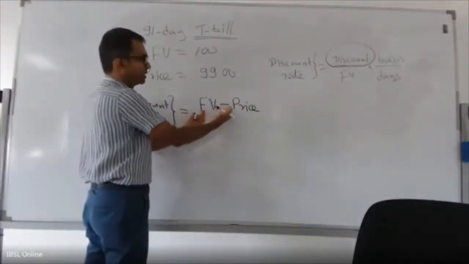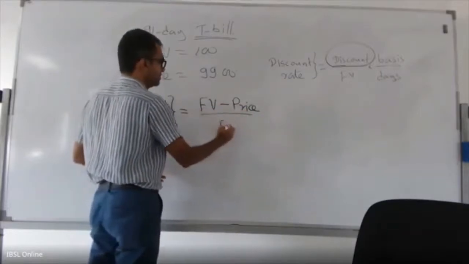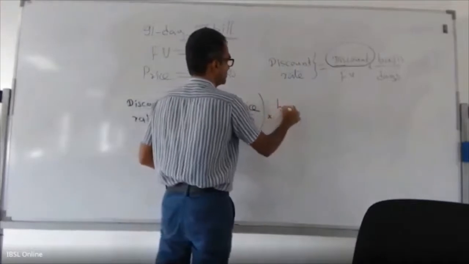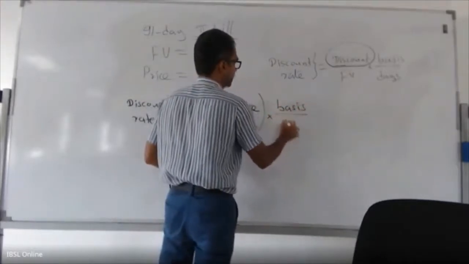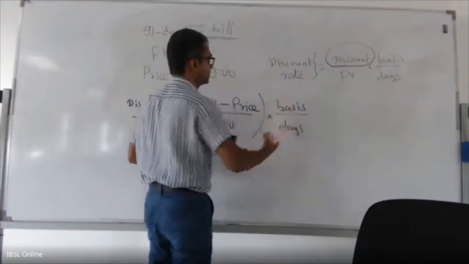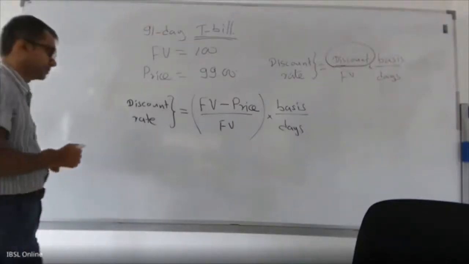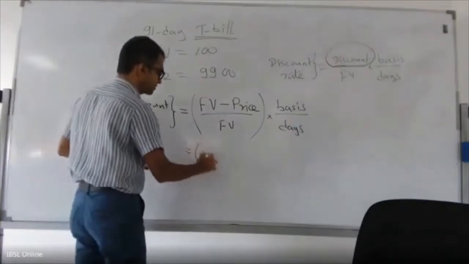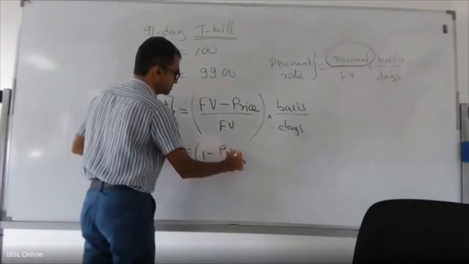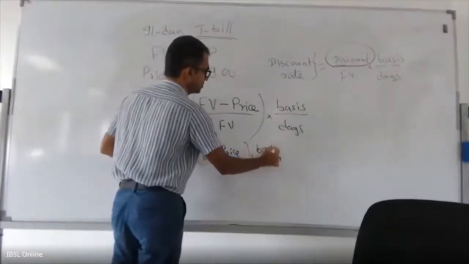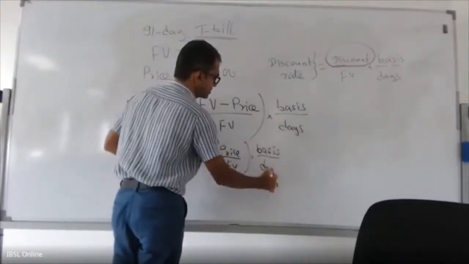Discount is the face value minus price, divided by face value, and the rest remain unchanged. Or you can write it as 1 minus price over face value, into basis over days.